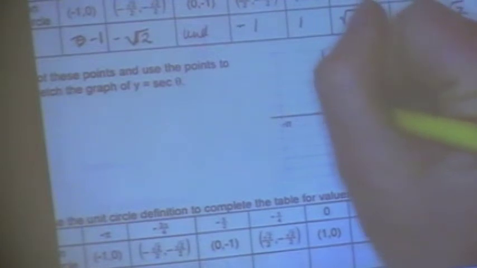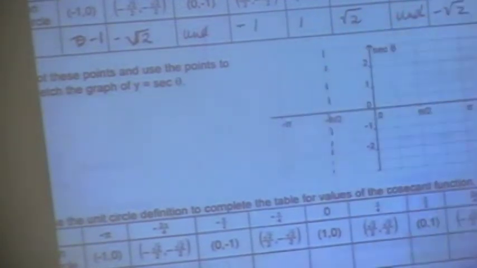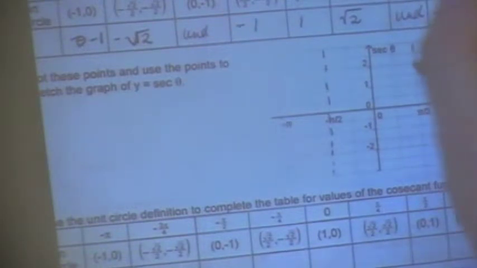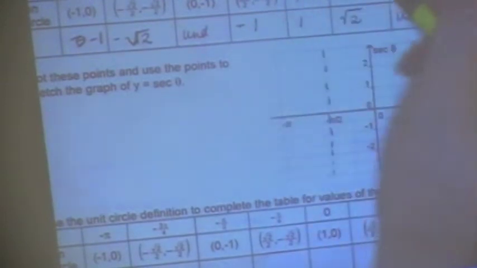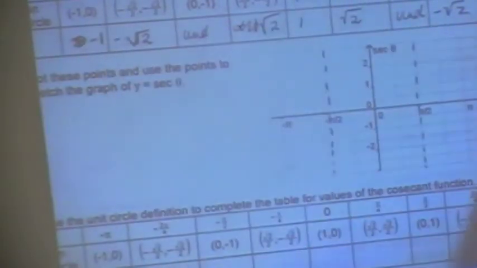Okay, so I got asymptotes at -pi/2, and then pi/2. Negative 5/4. What did you say was 5/4? It's square root of 2. I was doing tangent for a minute there.